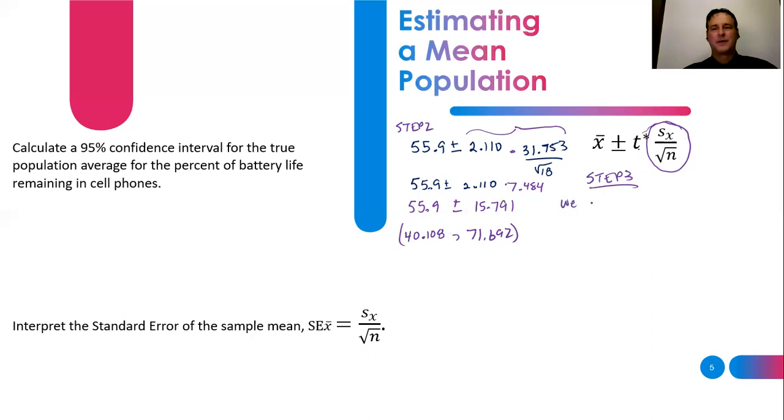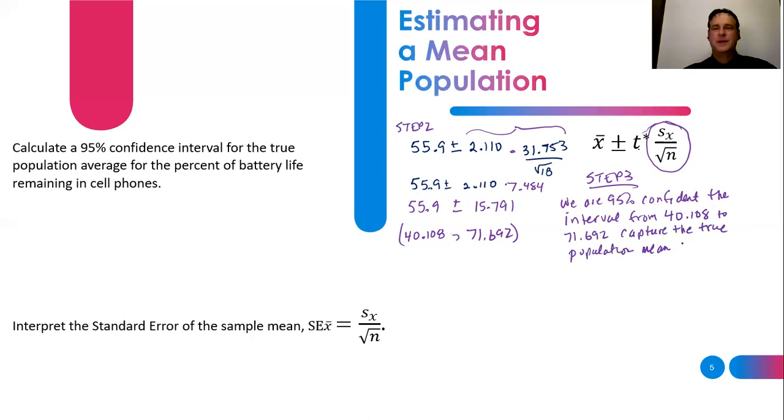It says we are 95% confident the interval from 40.108 to 71.692 captures the true population mean cell phone charge.